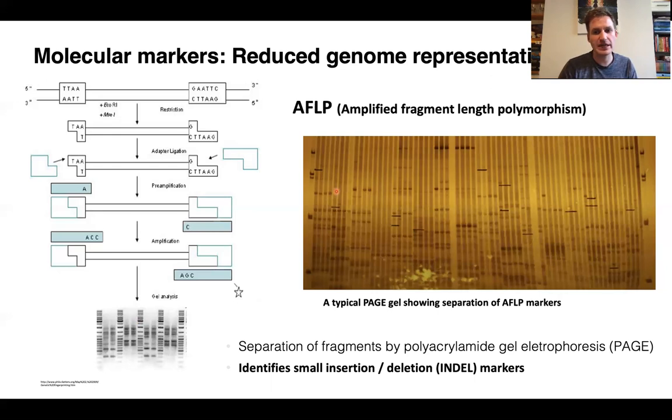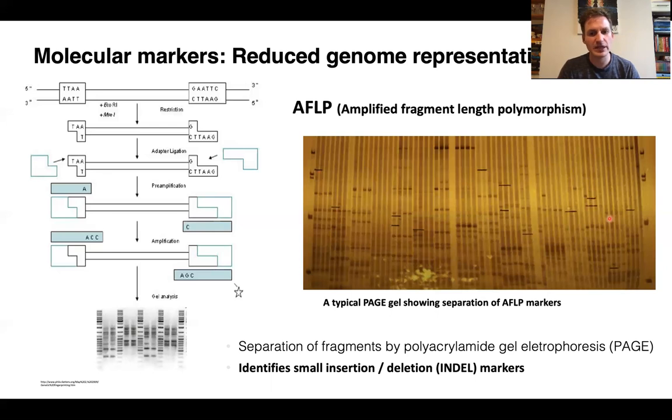So here is an AFLP gel that I created, and you can see that there's lots of bands appearing, and this is all in chili pepper, and I'm looking for disease resistance genes, and any position where there's a black underline are positions where there's some polymorphism.